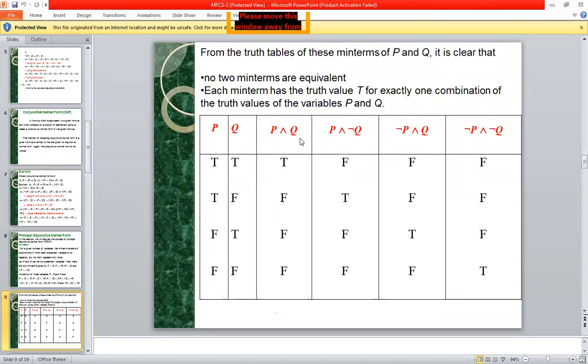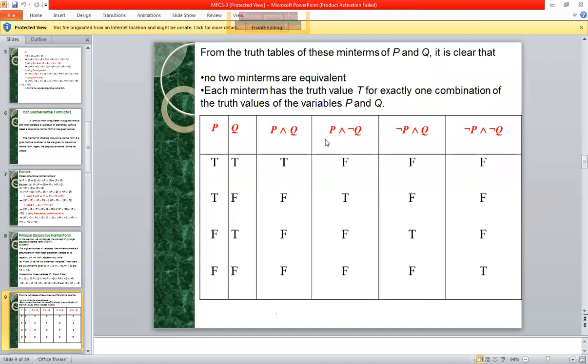So P and Q. What is the rule of conjunction? Sorry, I made a mistake in the truth values; let me correct it. For P and Q, when P and Q are both true, the compound statement has truth value true, otherwise it is false.